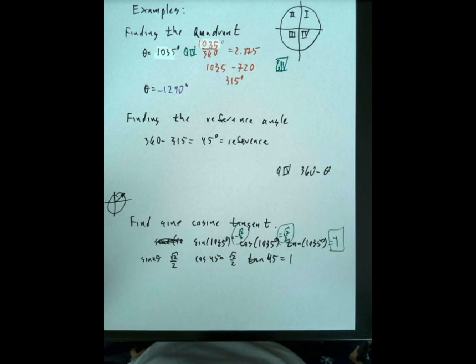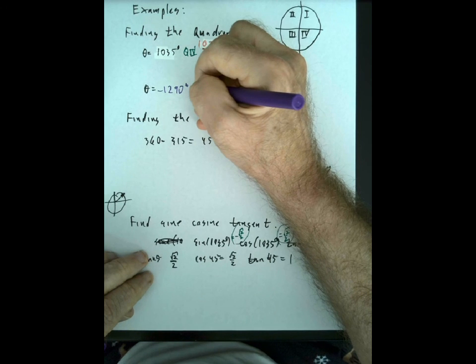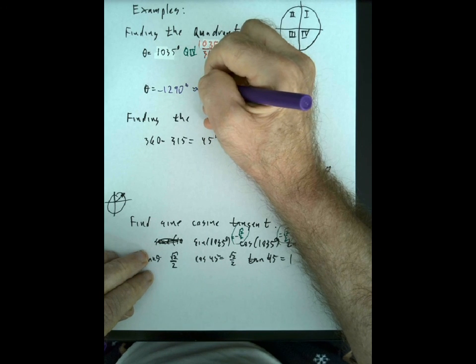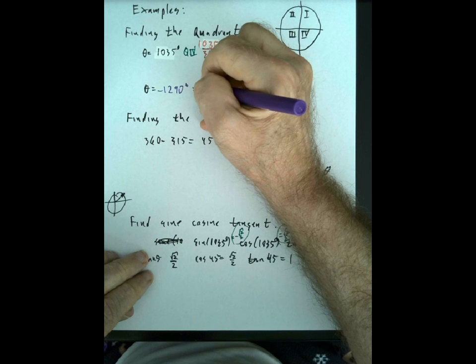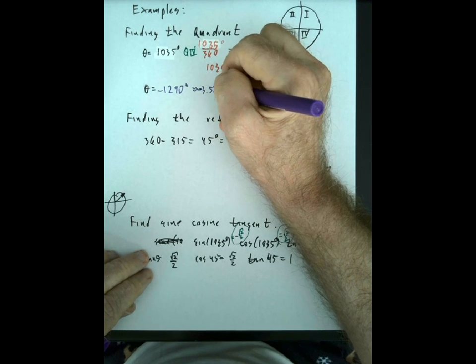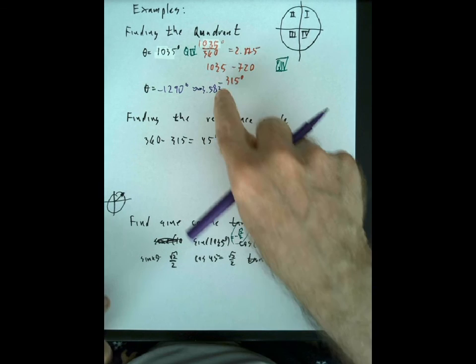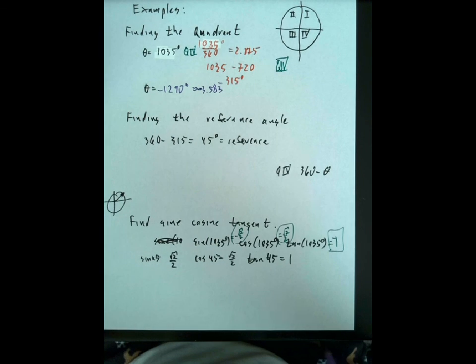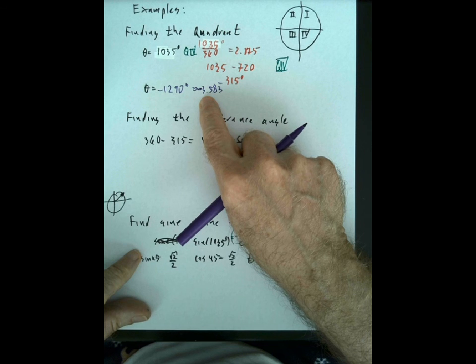So that's negative 1290 divided by 360, and that is negative 3.58, and then repeat. So as we can see, that's 3 excess rotations around.